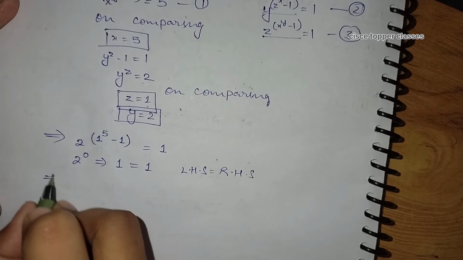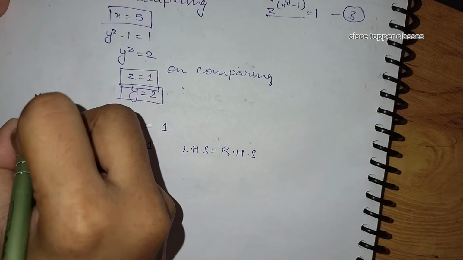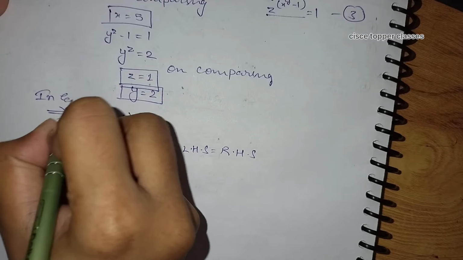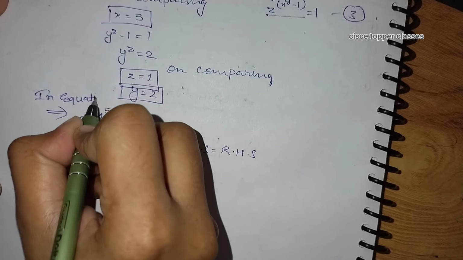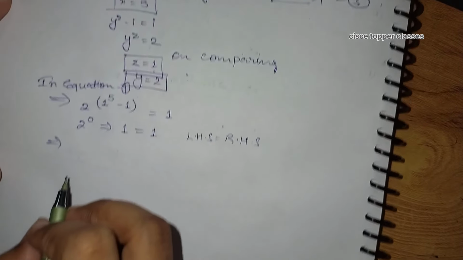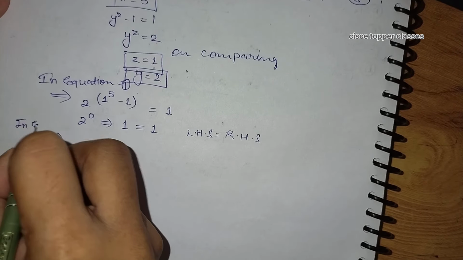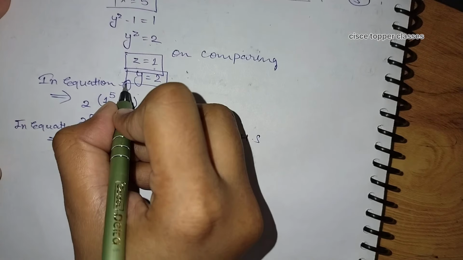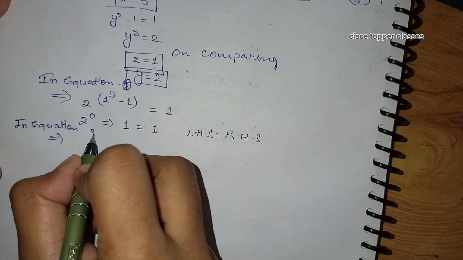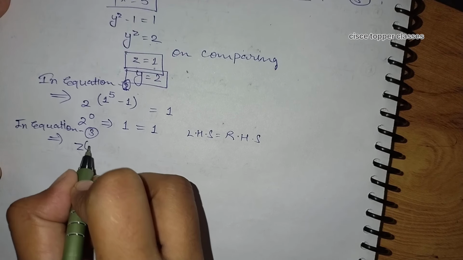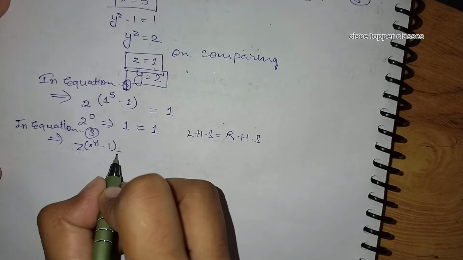Now the third equation. Equation 1 we checked, this is equation 2, and this is equation 3 that we are going to check. That is z^(x^y − 1) equal to 1.